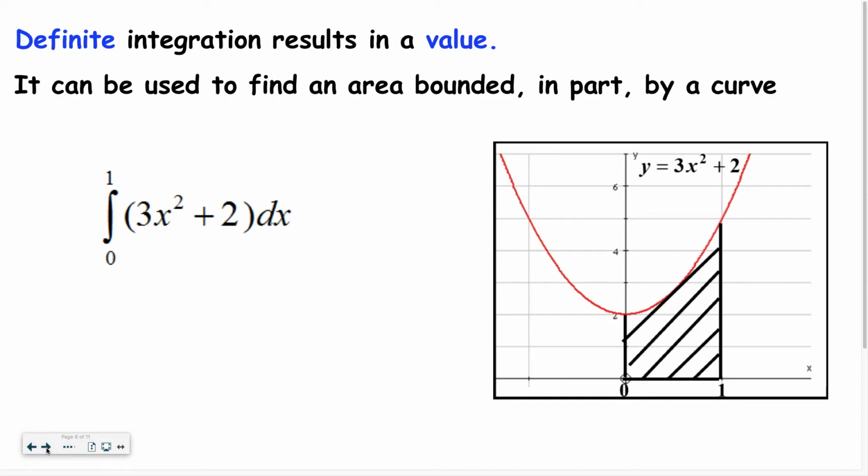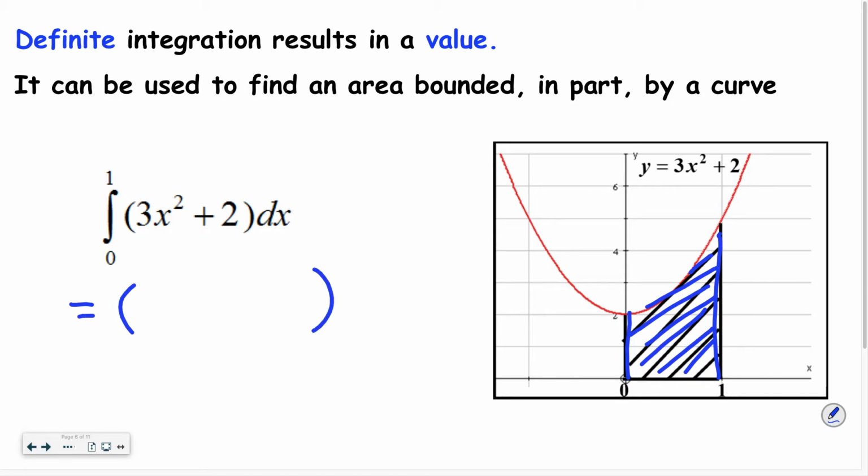Here is our curve. From 0 to 1, we are finding the area underneath the curve. Geometry is not going to help us with that. That's fine. We don't need to do a Riemann sum. It's fairly tedious.